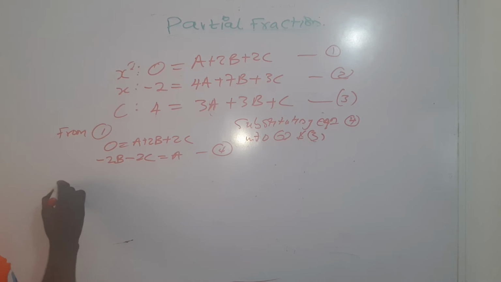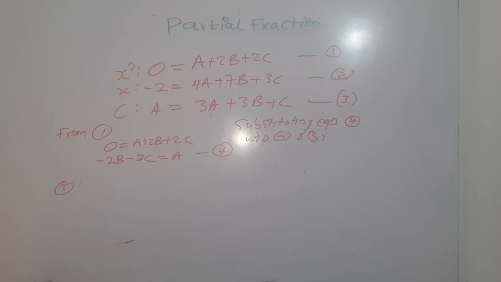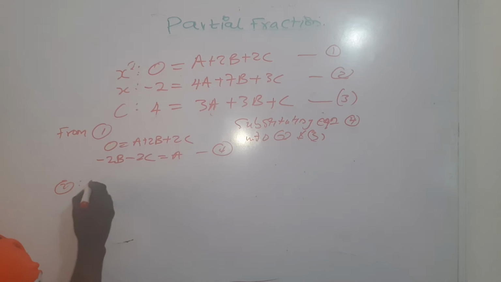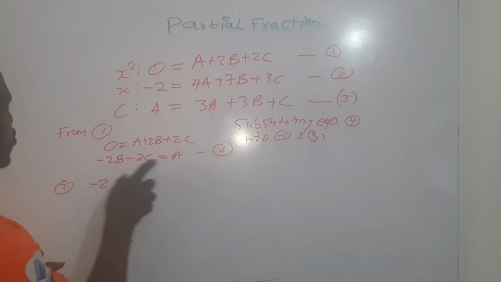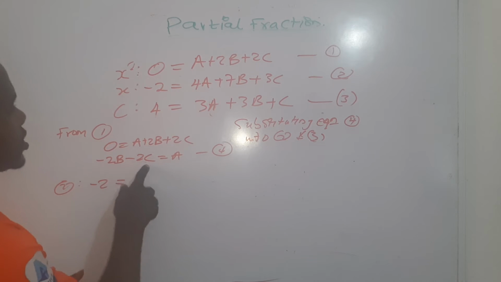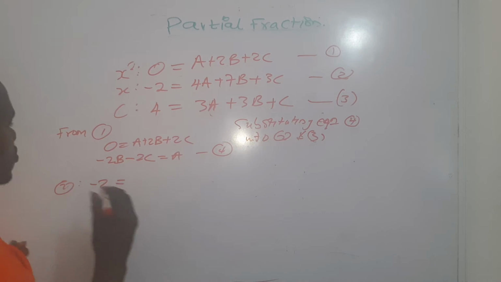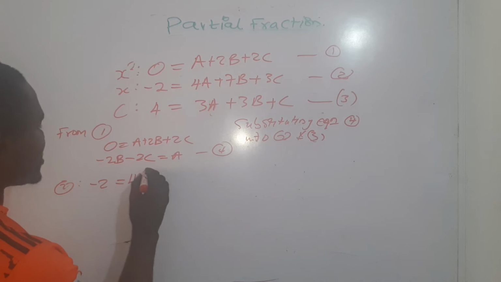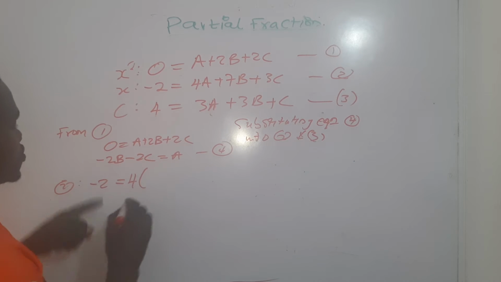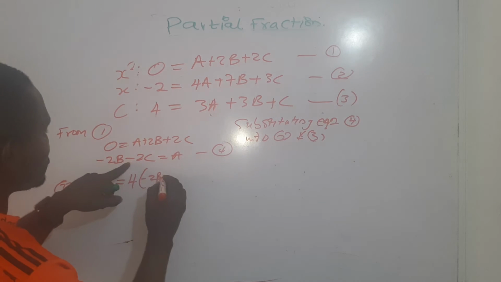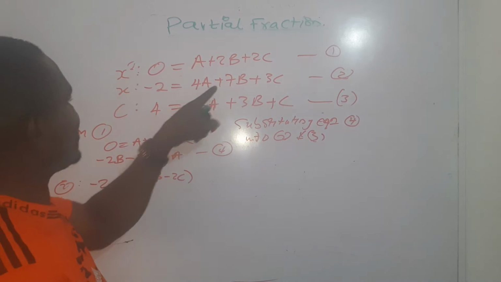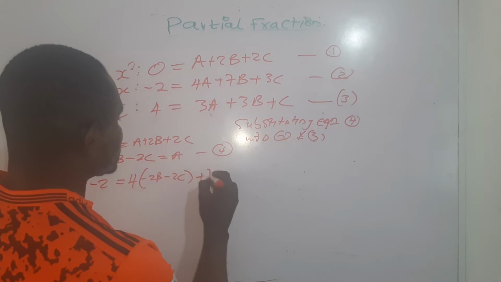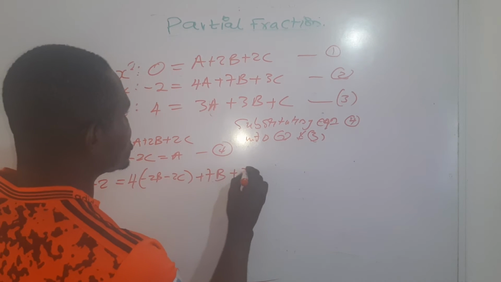Now equation 2, we have minus 2 equals to 4 times a, and wherever I see a, I'm going to put minus 2b minus 2c. So 4 will multiply everything that is a. I hope you get it now. Then we are left with plus 7b plus 3c.